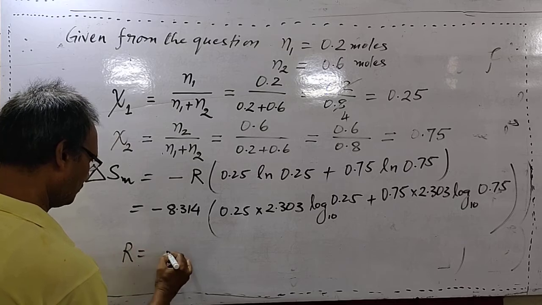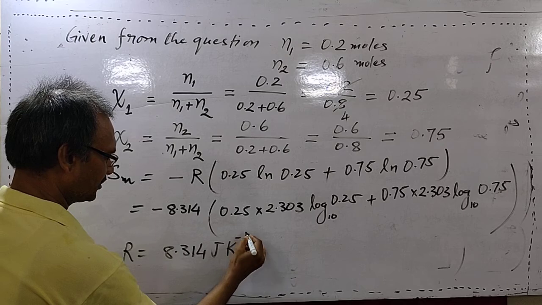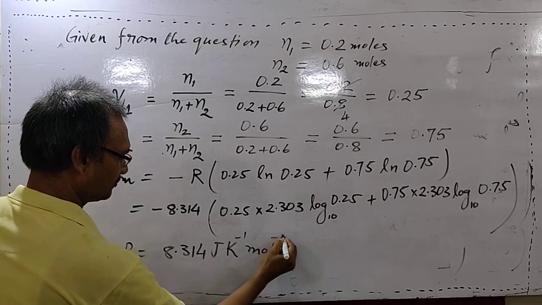Here R is equal to 8.314 joule per Kelvin per mole.